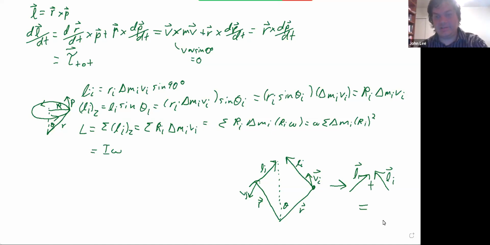it's just going to worry about the angular momentum in the z direction because everything in the xy plane is going to cancel out because these objects that you're looking at are symmetric about the z-axis, which means that for every particle you have on one side of the xy plane, you're going to have another particle on the other side of the xy plane, causing a canceling out of the xy components of angular momentum and only caring about the z components, which add up.